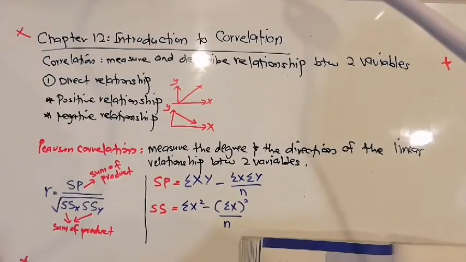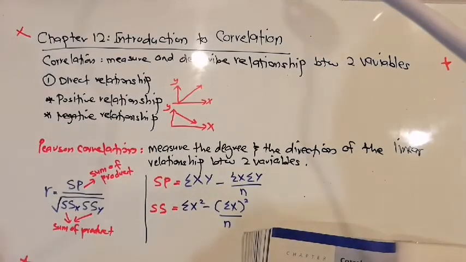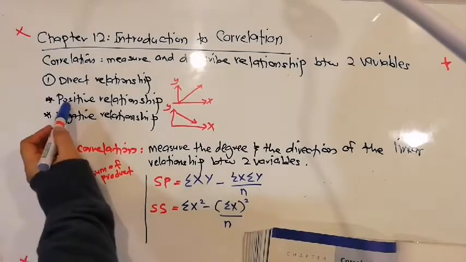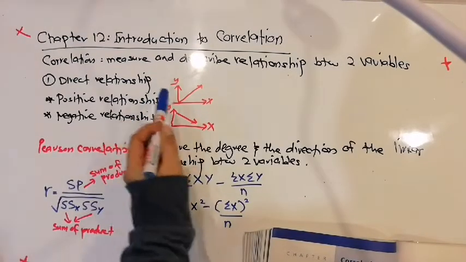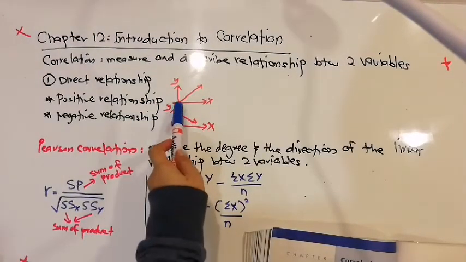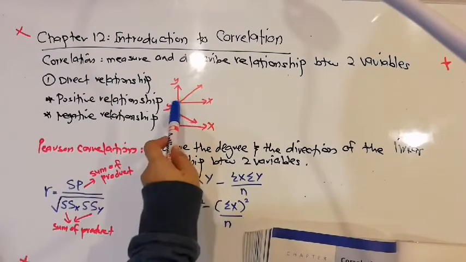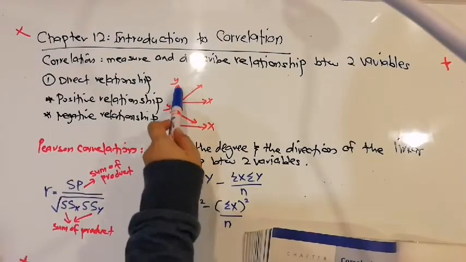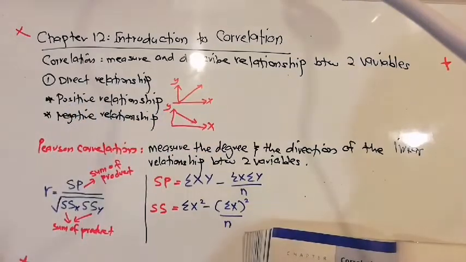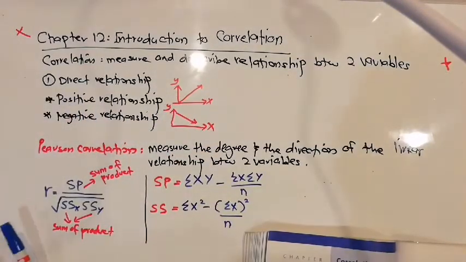So this is what we call a relationship. In that example, if student performance increases because family income increases, we consider it a positive relationship. It means both increase. When the salary, X, increases, student performance also increases. So this is what we call a positive relationship. It depends on the question.